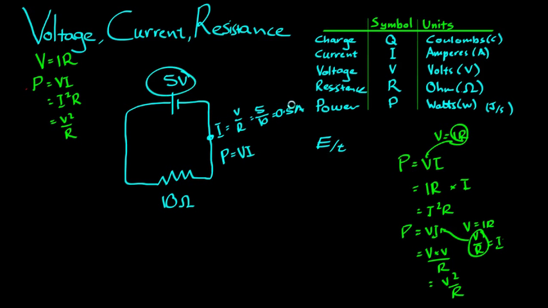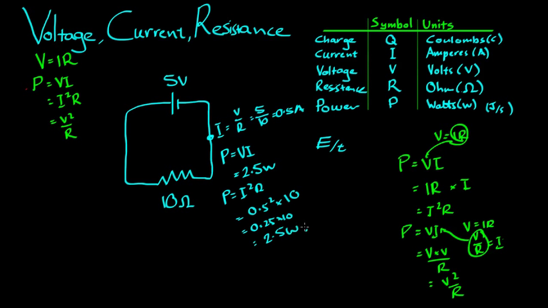Well, this is V, this is I, so we think 2.5 watts, 5 times 0.5. Or P equals I squared R. That would be 0.5 squared times 10, or 0.25 times 10. That's 2.5 watts.